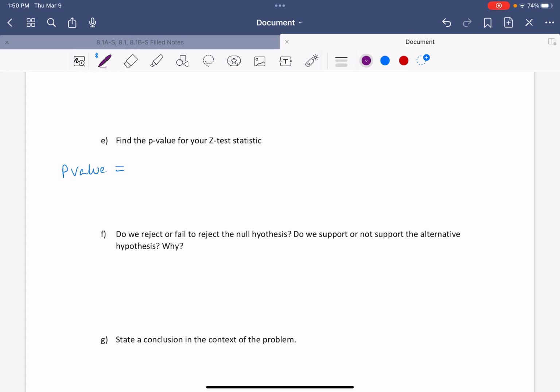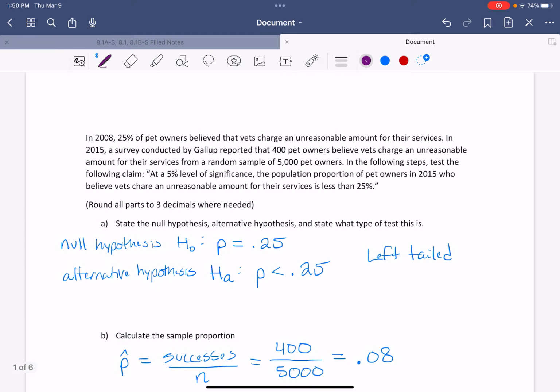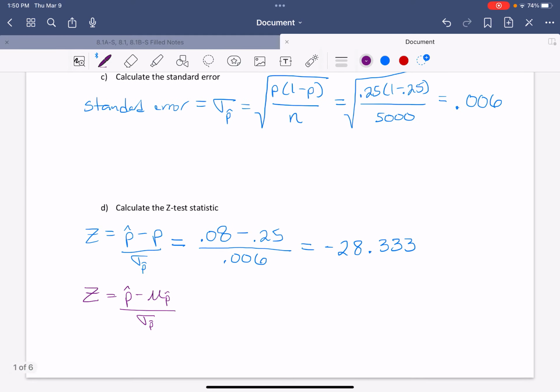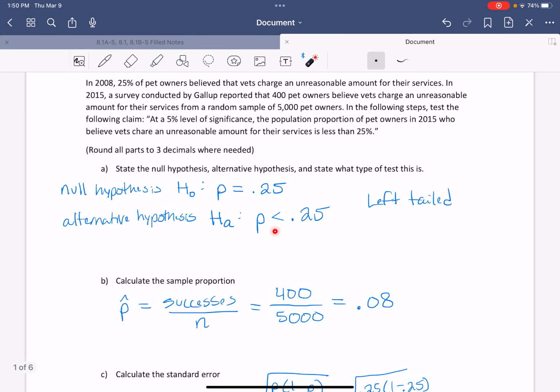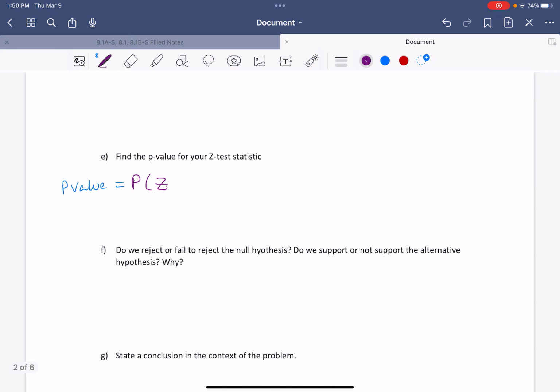I'm going to write it in purple. But finding the p-value, what we're really doing is we're finding the probability that z is less than this z-score. Why less than? Because that's what we said from the start. Left-tailed, and we had also said less than here. So less than negative 28.333.